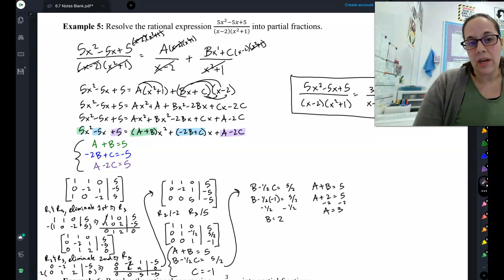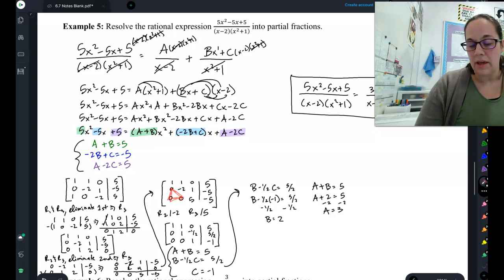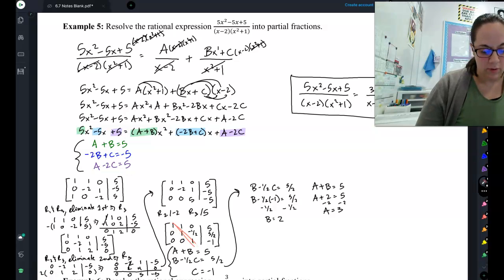I chose to get it into row echelon form, so I wrote my augmented matrix, and then I got my bottom half zeros in place. And then I divided what I needed to get ones on the diagonal. So now this is row echelon form. And that gives me this. So then I already have C solved for.